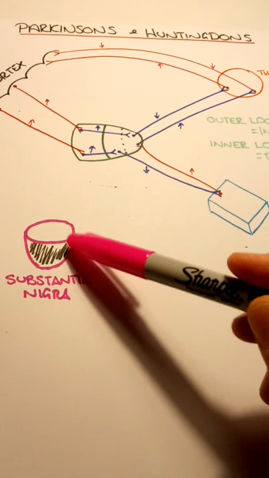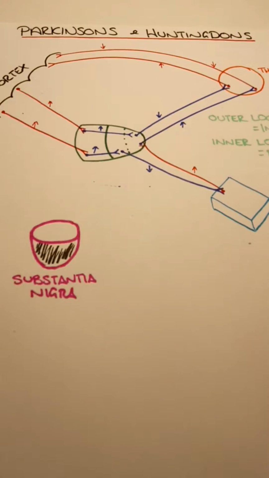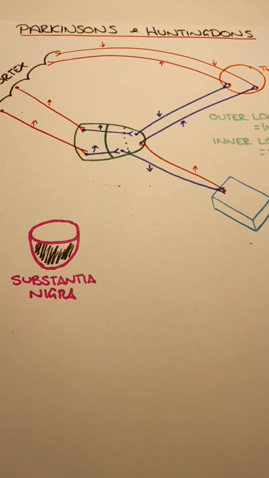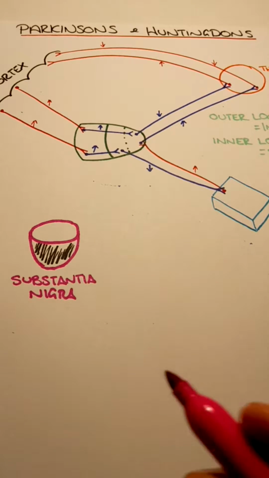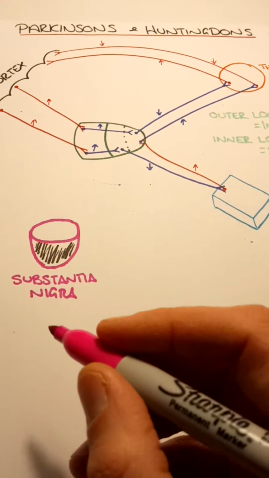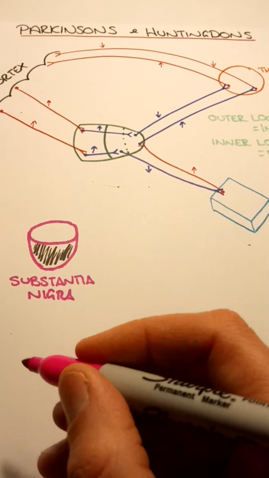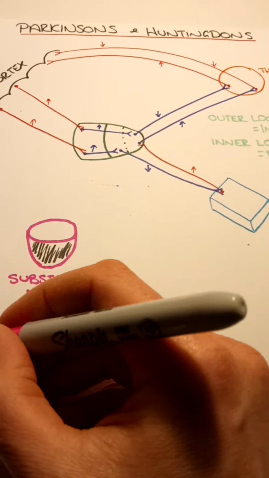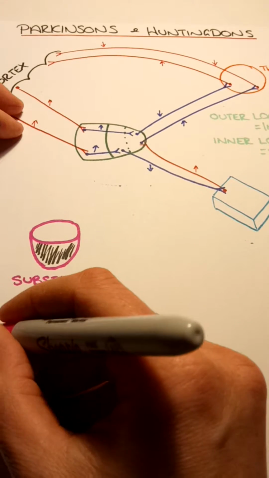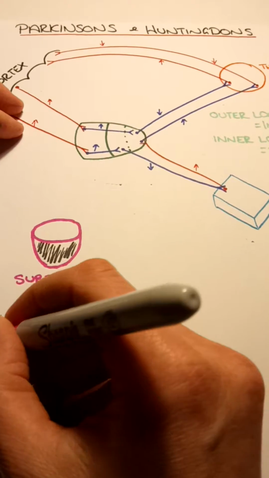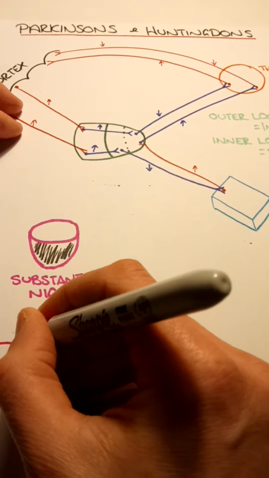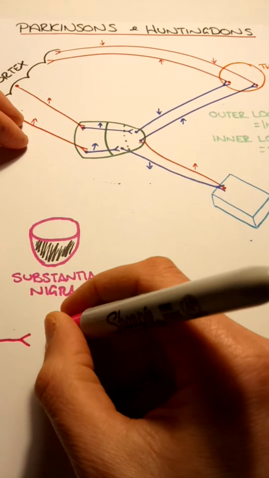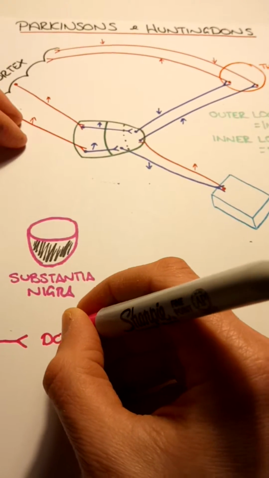So you can see we've got the substantia nigra now, which is part of the basal ganglia. In this diagram, we've got dopamine releasing neurons. So these release dopamine.